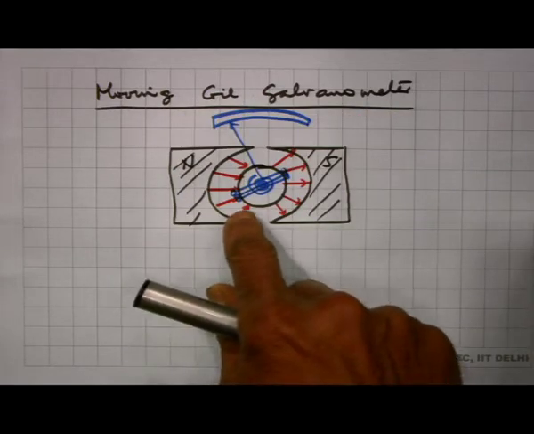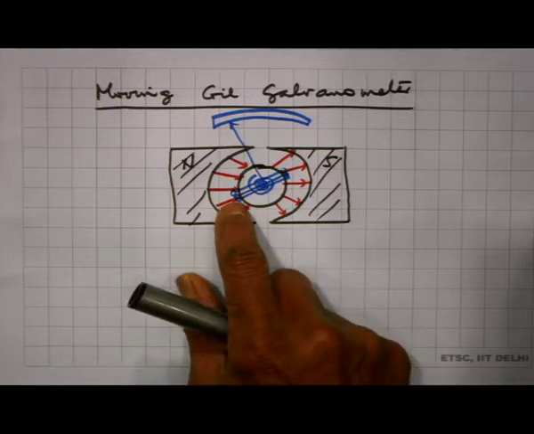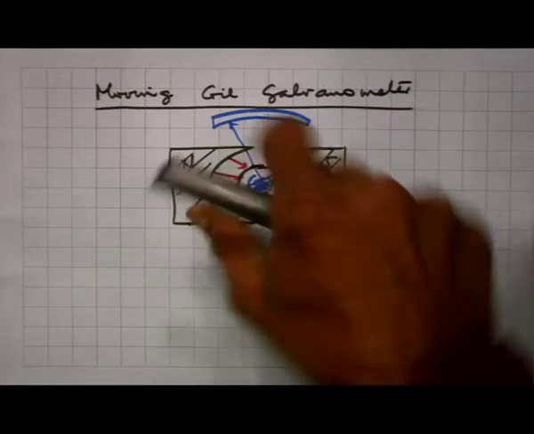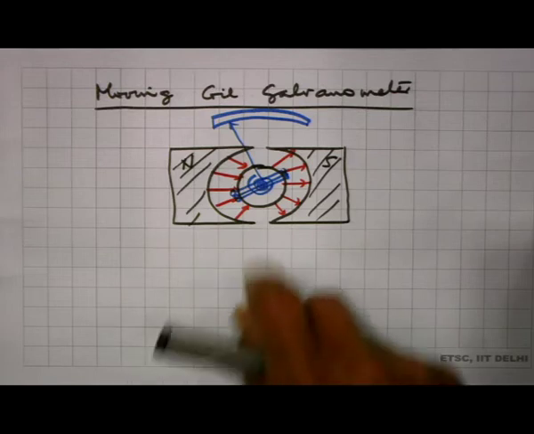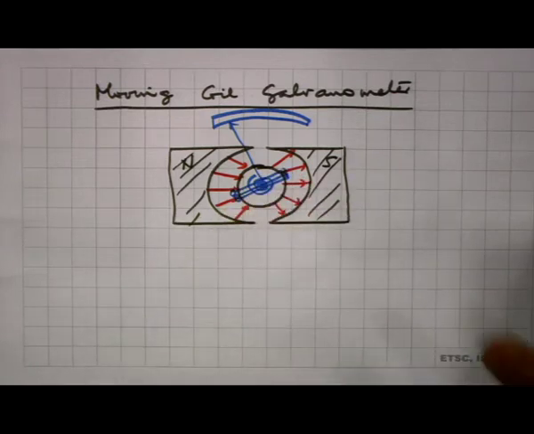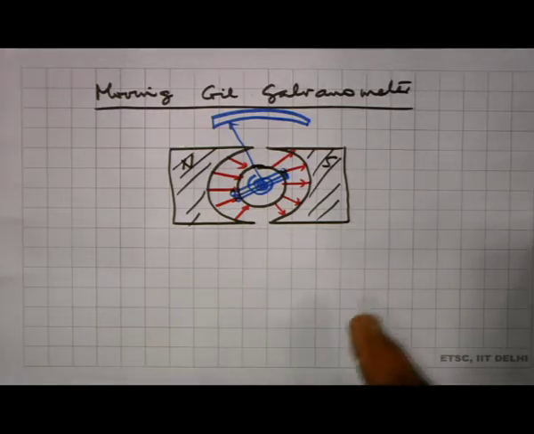So, when a current passes through this coil, the magnetic field applies a torque on this coil, which then tends to rotate the coil in this direction. When the coil rotates, the spring gives it a restoring force, and the coil comes to an equilibrium position where the torque due to the magnetic field and the torque due to the spring are equal and opposite to each other.